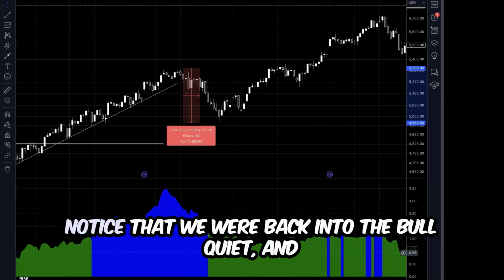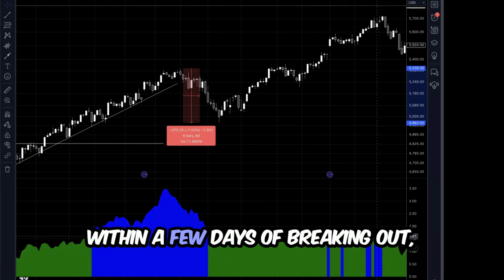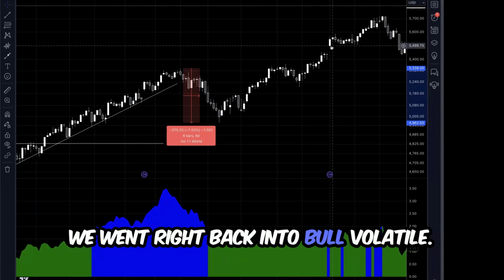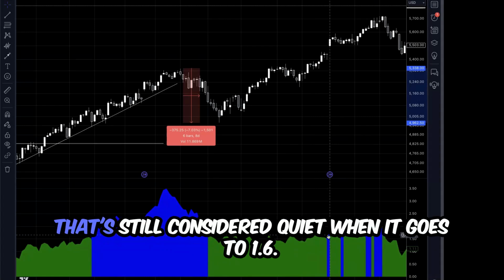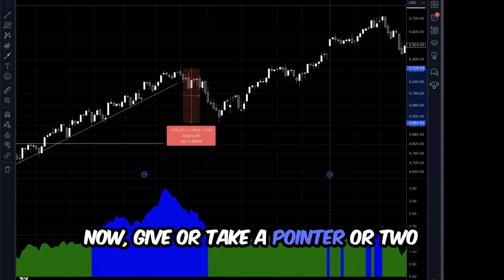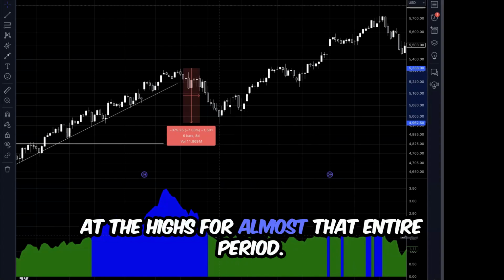Okay, notice that we were back into the bull quiet, and instantly we got bull volatile. Within a few days of breaking out, we went right back into bull volatile. When you're at 1.59 on green, that's still considered quiet. When it goes to 1.6, give or take a point or two, notice that it's at the highs for almost that entire period.